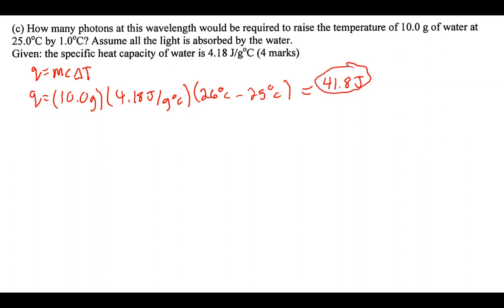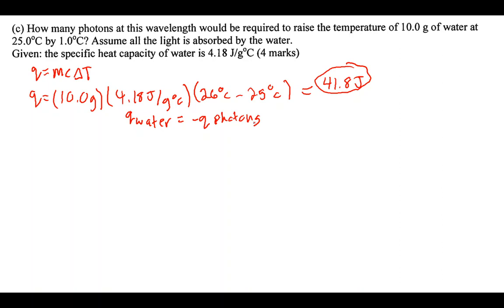So that is how much heat needs to be absorbed by the water. So now, if the water is taking in that many joules, the Q of the water is going to be equal to the negative Q of the photons.